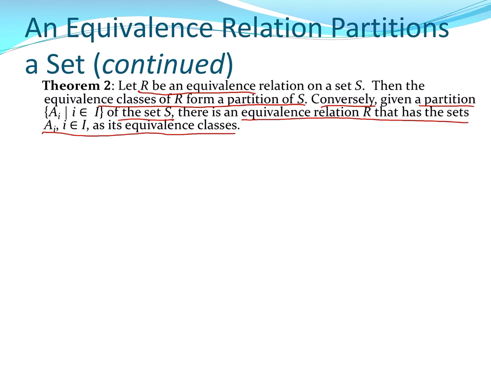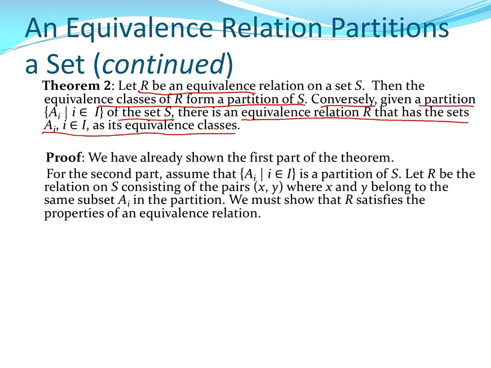So in other words, an equivalence relation gives a partition, and every partition gives an equivalence relation. We've already shown the first part of the theorem on the previous slide. For the second part, we're going to show that all partitions give equivalence relations.